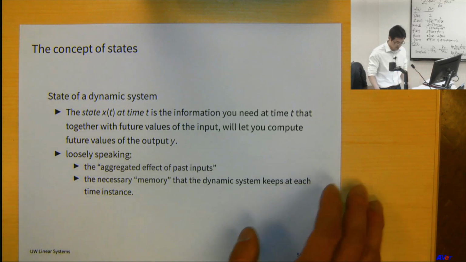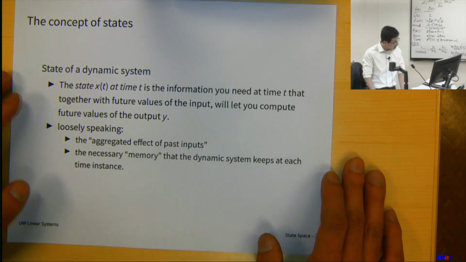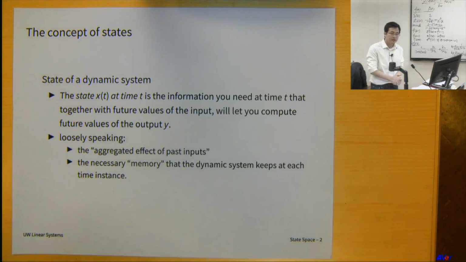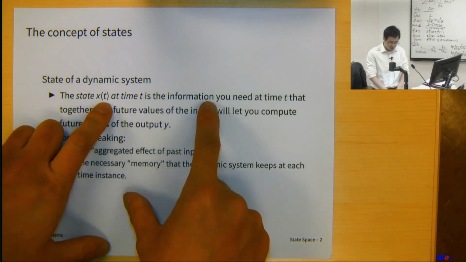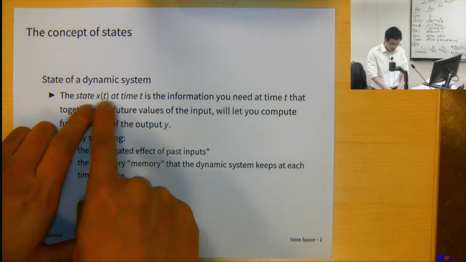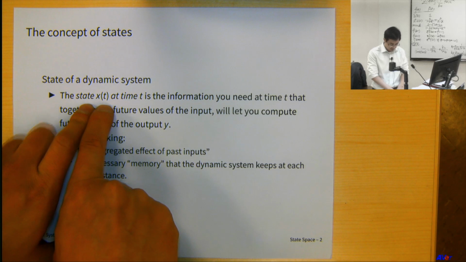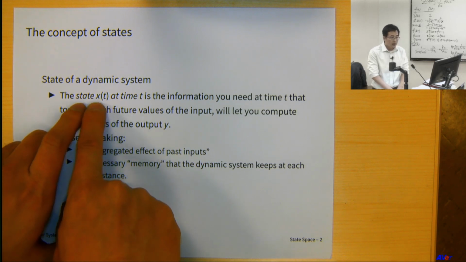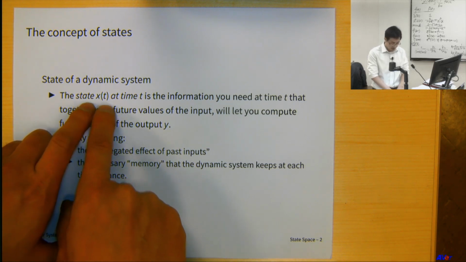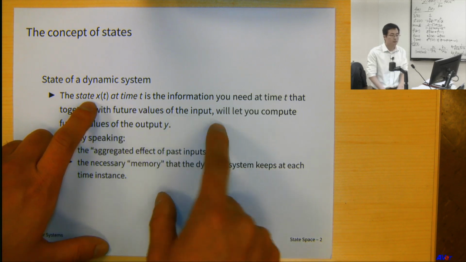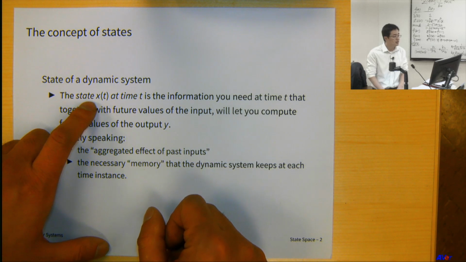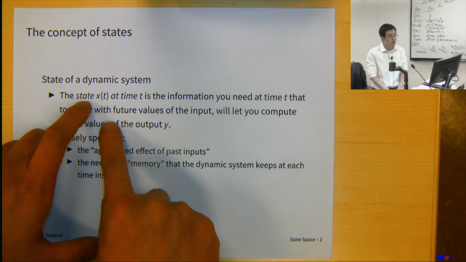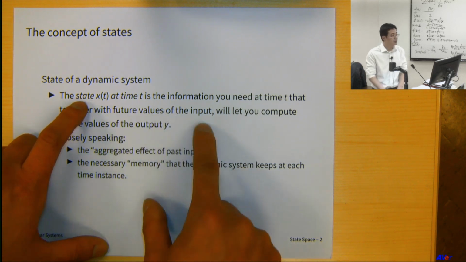And that relates to the concept of states and minimum representation of systems. So the concept of state is the information that you need at time t. So if I say the state is xt, then this is all the information you need. You just need this state information at time t. So if you know how the state of the system is at this time, and you know what the future input to the system will be, then this is the only thing you need to be able to see what the future will be looking like.